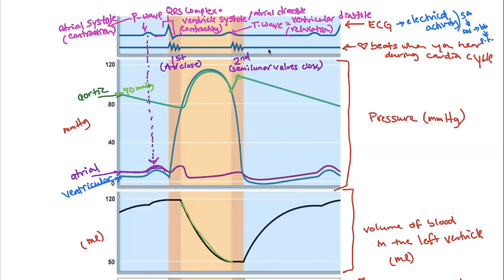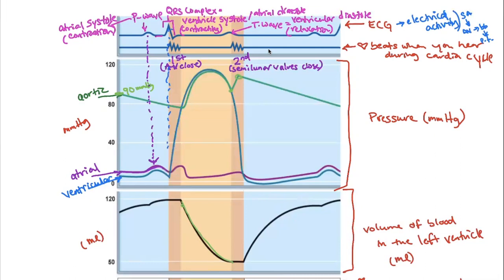And when the pressure in the ventricles starts to increase due to contraction. So remember, the QRS is when the ventricle starts to contract, right? So it's depolarizing. And you start to have ventricular contraction here. And as the ventricle contracts, it's increasing the pressure in the ventricle. So that's important to understand, in that the QRS is causing ventricular contraction, which causes a rise in the pressure in the ventricle. And so you're going to see this rise here.